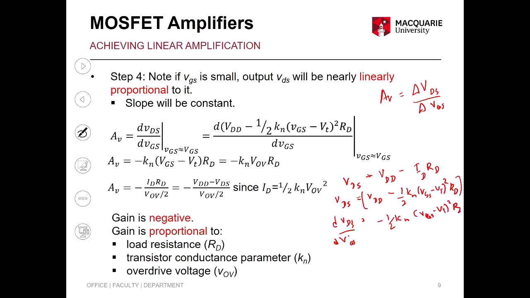Sorry, the derivative of the square gives a factor of 2, so it turns out to be minus half Kn VGS minus VT RD. Okay, so that's your gain.